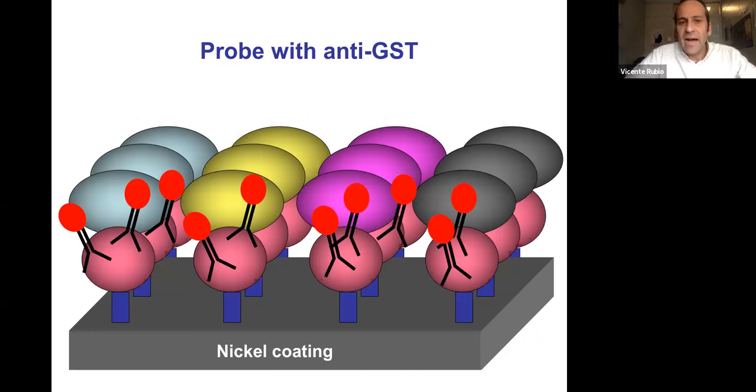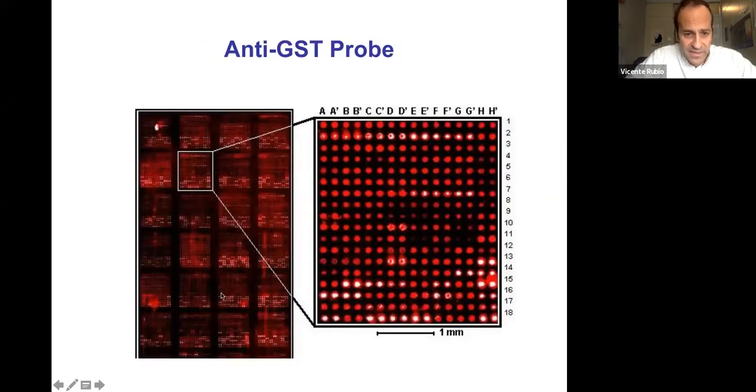One of the important things in this system is that the efficiency of expression and purification of a particular protein can change a lot from protein to protein. So then you need to measure the abundance of each spot in the array for a specific protein. That can be accomplished using a labeled anti-GST antibody, and what you get would be this kind of image.